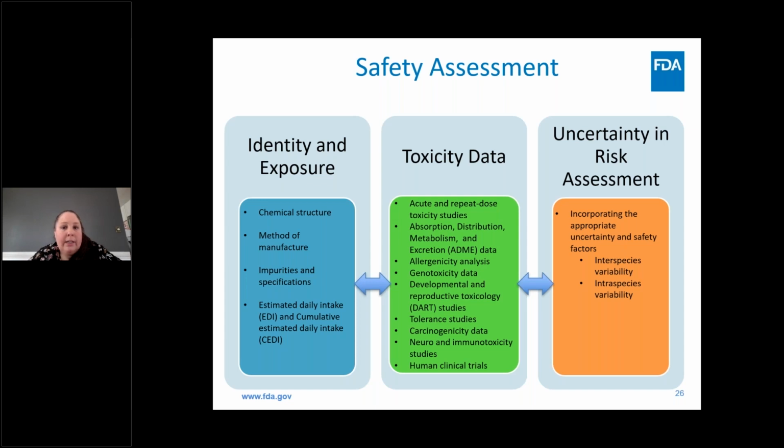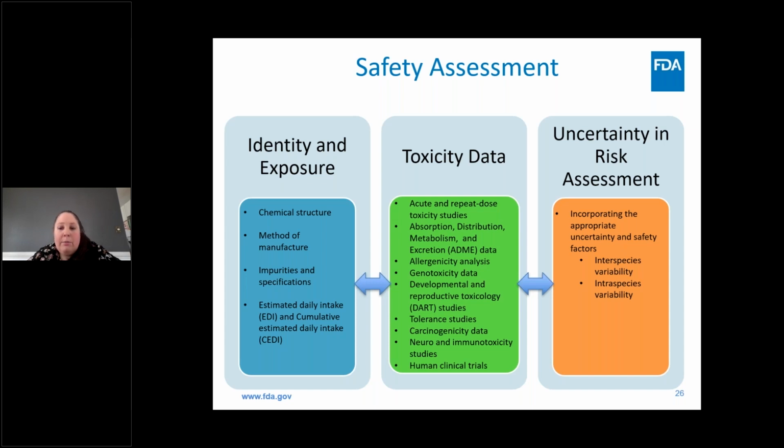And finally, the toxicologist understands that there is uncertainty in risk assessments. And so we will incorporate these uncertainty factors. I've already talked about interspecies variability, so accounting for differences between rats, mice, and humans, for example. We also have intraspecies variability.